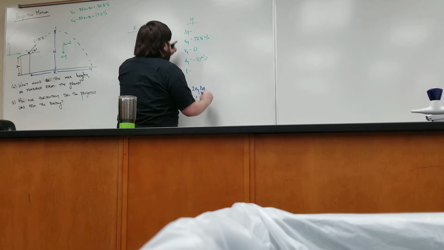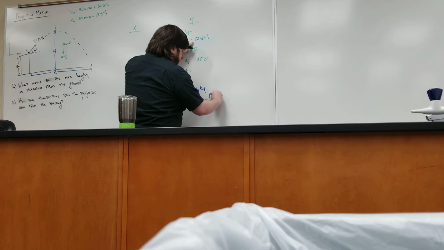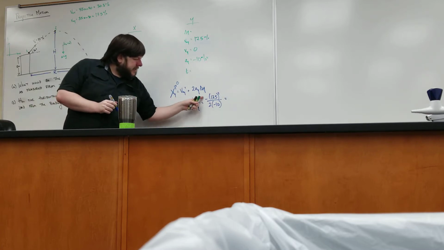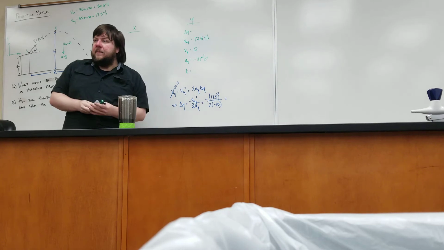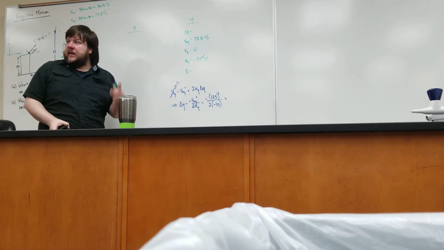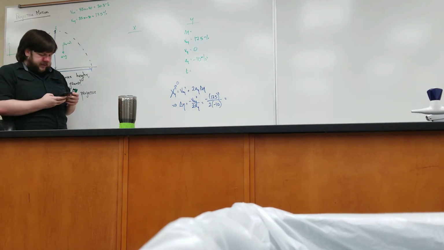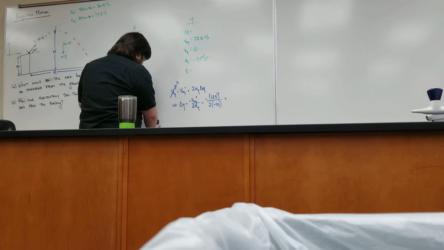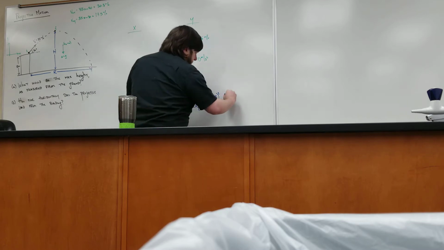Negative 17.5 squared, divided by 2 times negative 10. So once again, you see that the negative signs cancel, leaving delta y being positive, which makes sense because the object goes upwards. That gives 15.3 meters.